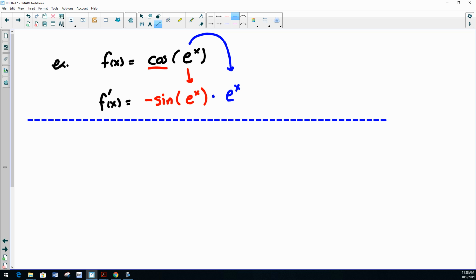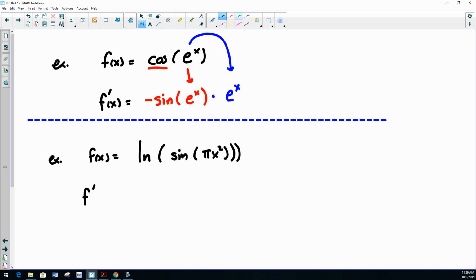Okay. This next one's going to have 3 links in the chain. Let's see if you can find all 3 of them, okay? So I'm going to color code things.